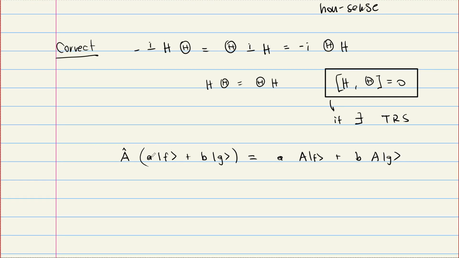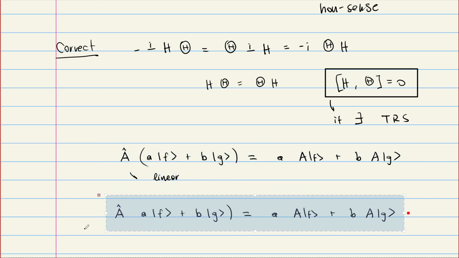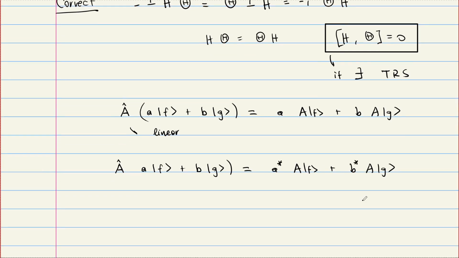Basically, these complex numbers can just jump over operators. So these are linear. In the case of time reversal symmetry, the number also jumps, but you need to generate a complex conjugation, right? Because of what we just observed. And this operator we call anti-linear. This is also a name. I don't think it's important. People just call it anti-linear.